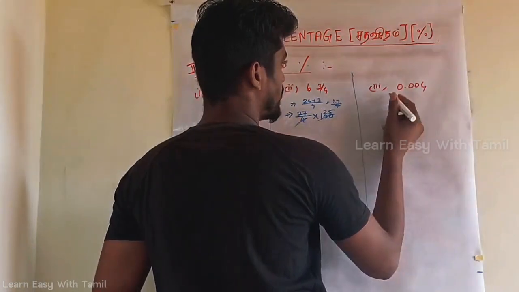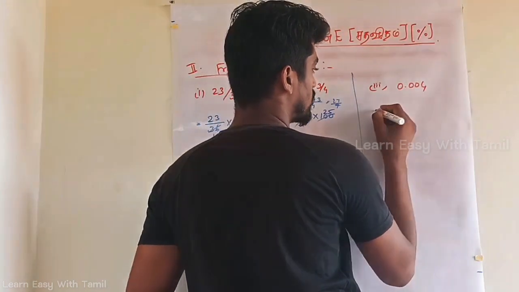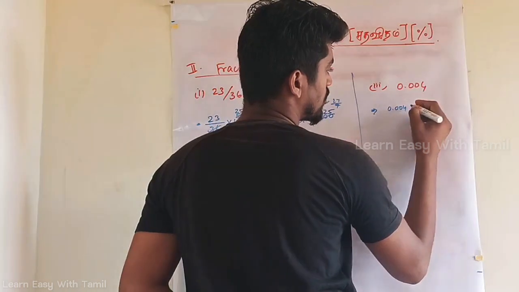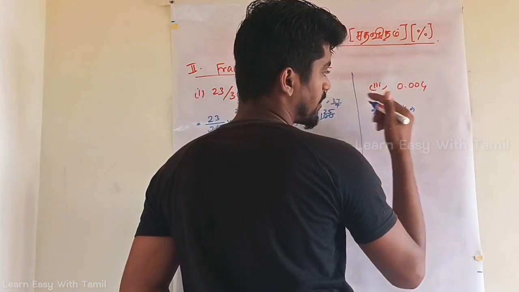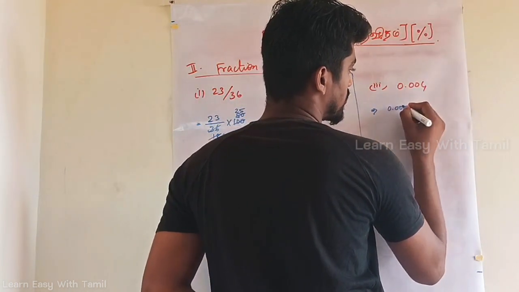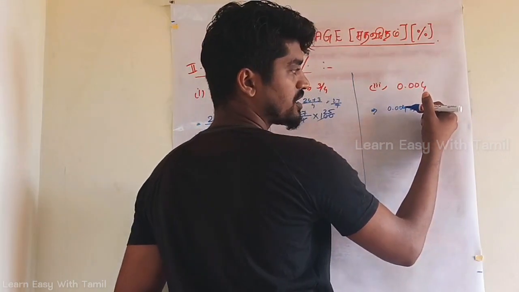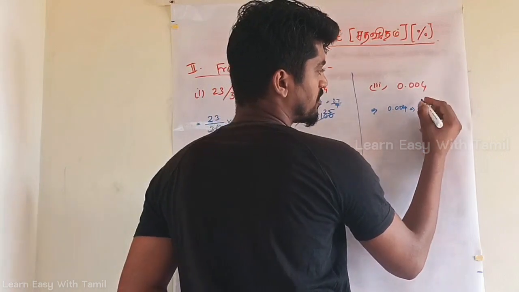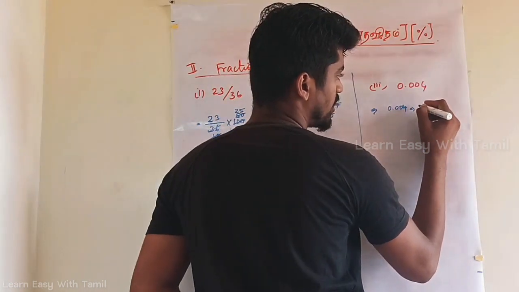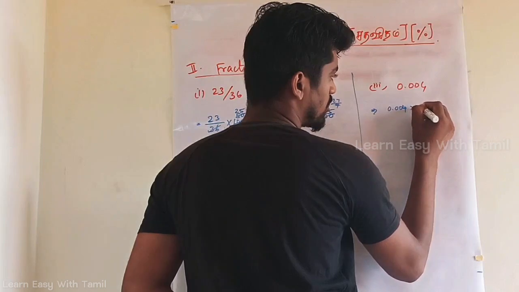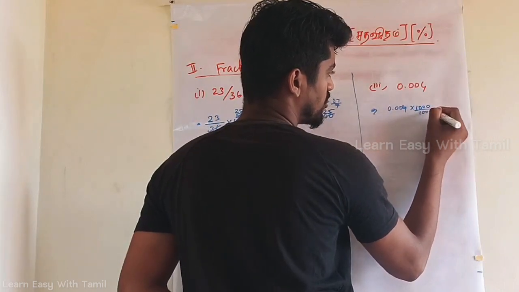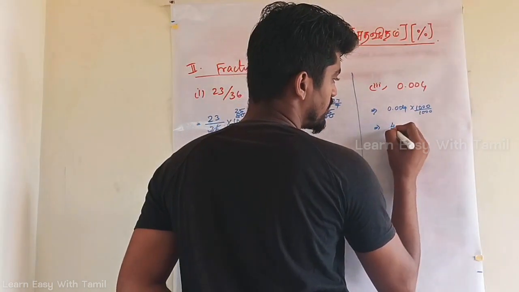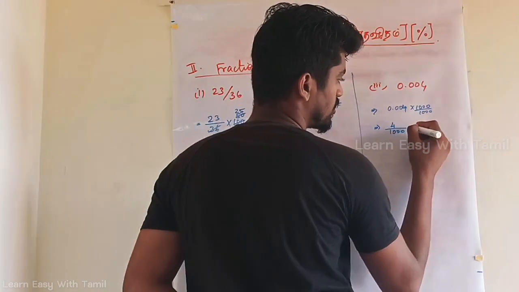From the third example, 0.004, we have to convert into a natural number. So we have to multiply with 1000 and divide by 1000 because of 3 digits after the dot. The value will not change, only the format changes. So the value is 4 by 1000.